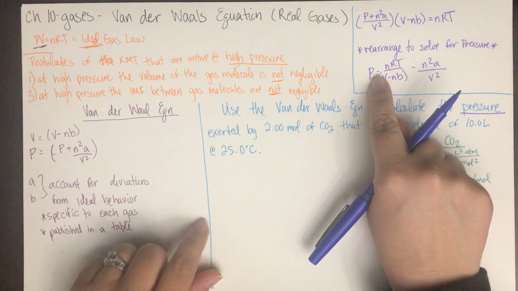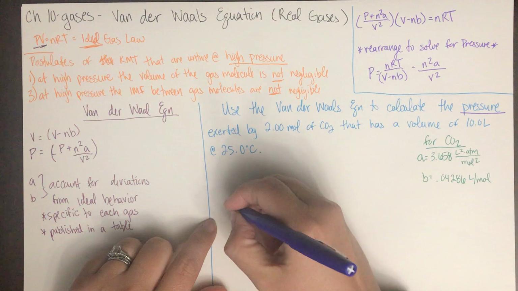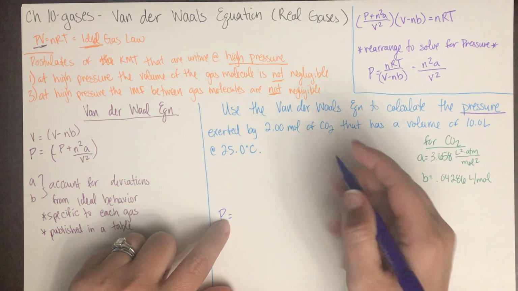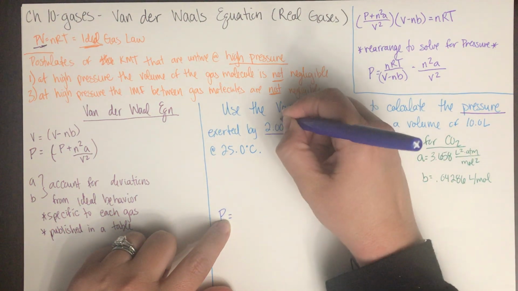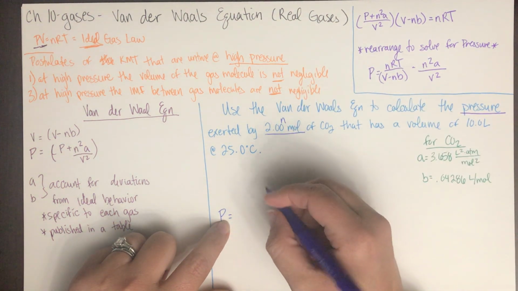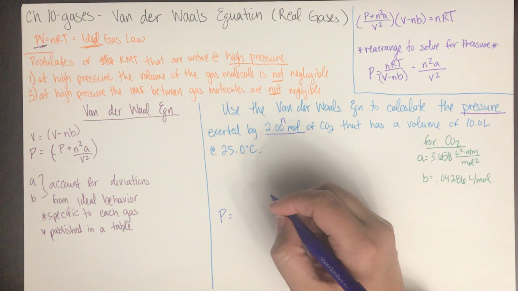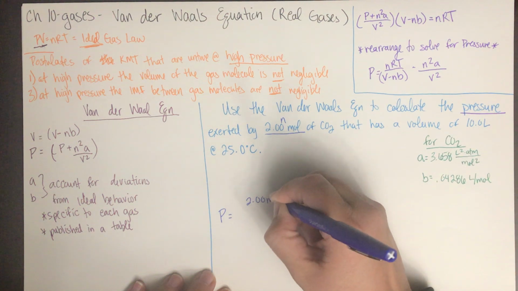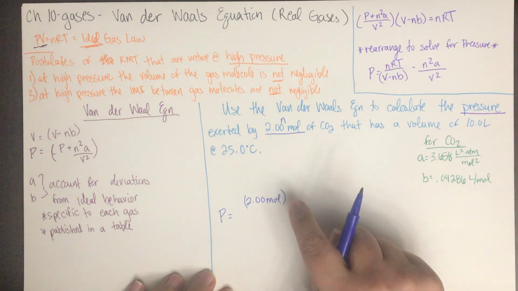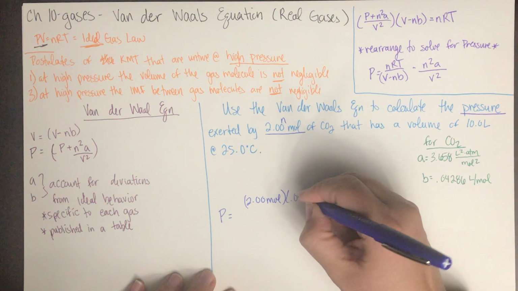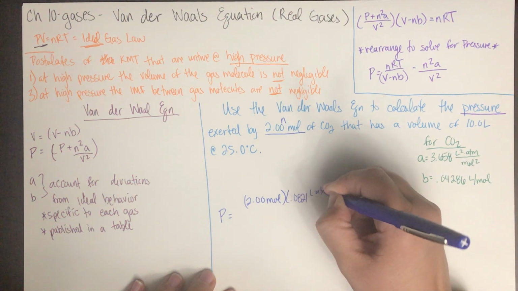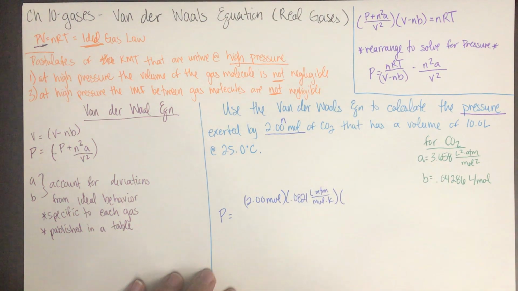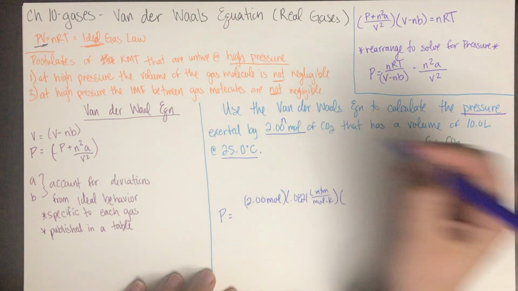So I'm going to use this version of the equation right down here. I'm going to say pressure equals n, I have 2.00 moles, times R, 0.0821 liter atmospheres per mole Kelvin, times T, 25 degrees Celsius. I need to convert that to Kelvin.